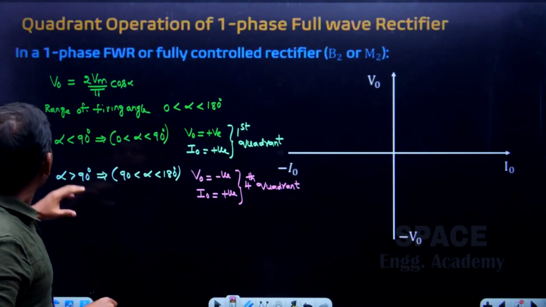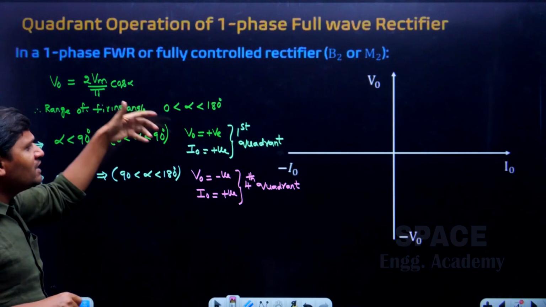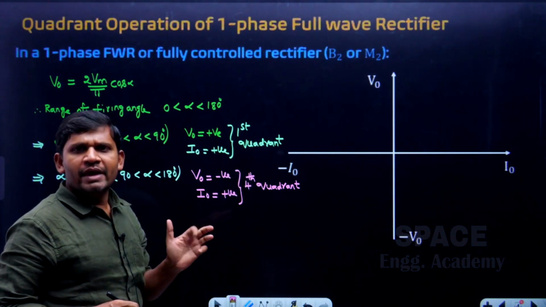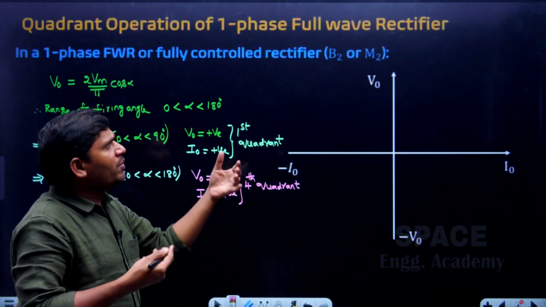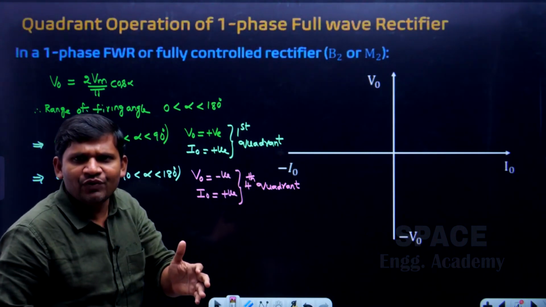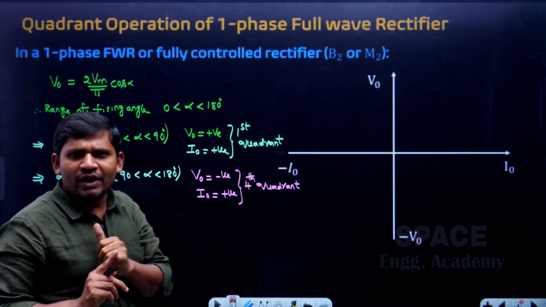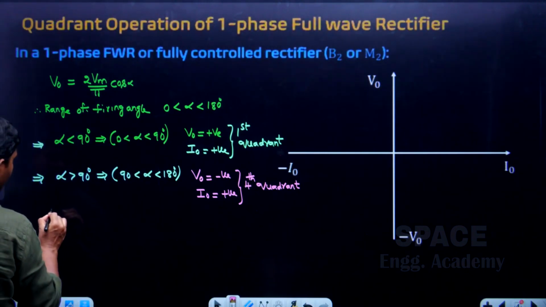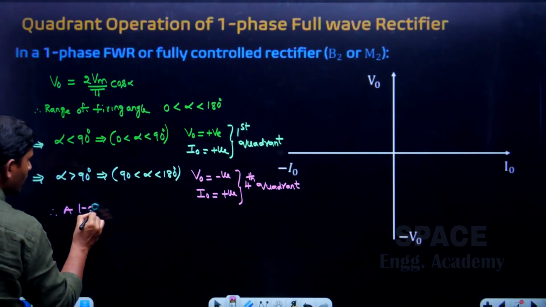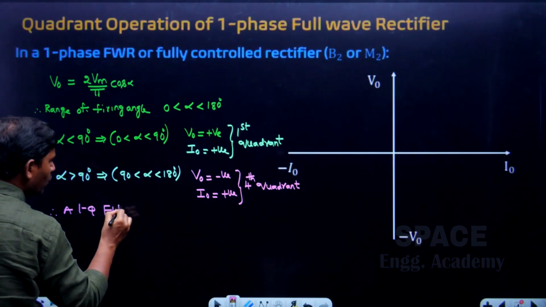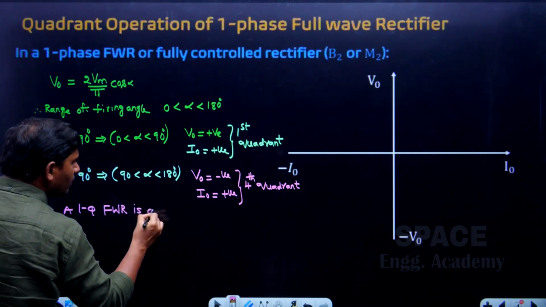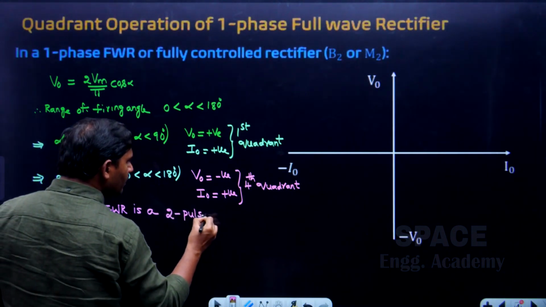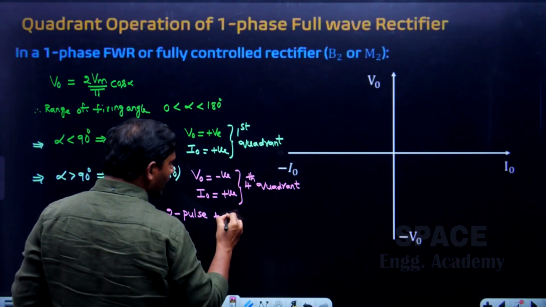That is the reason why this full wave rectifier is operated in two quadrants, first and fourth quadrant. Hence, a single phase full wave rectifier, whether midpoint type or bridge rectifier, is a 2 quadrant converter and it is also a 2 pulse converter, that already you know. Therefore, a single phase full wave or fully controlled rectifier is a 2 pulse and 2 quadrant converter.